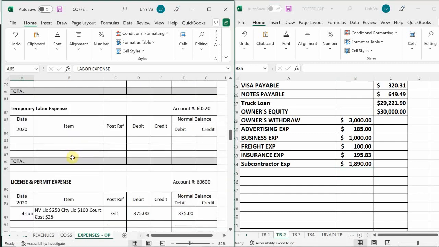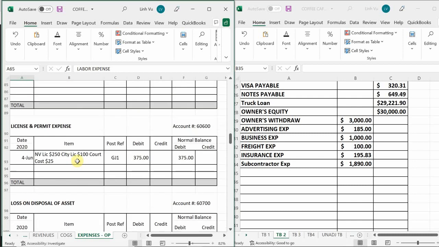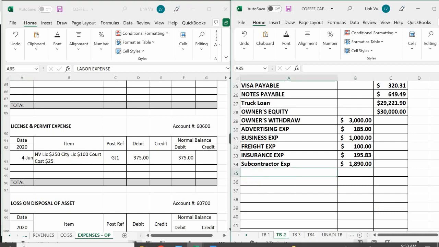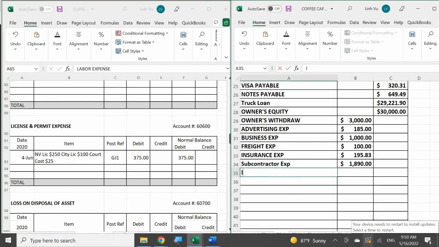Our temporary work labor, well, they haven't worked for us yet, so we haven't paid them yet, so there's nothing here yet. All we did was contract them, but they have to show up for us to pay them. Okay? Next one is license and permit expense. How much did it cost me to get the license and permit? $375.